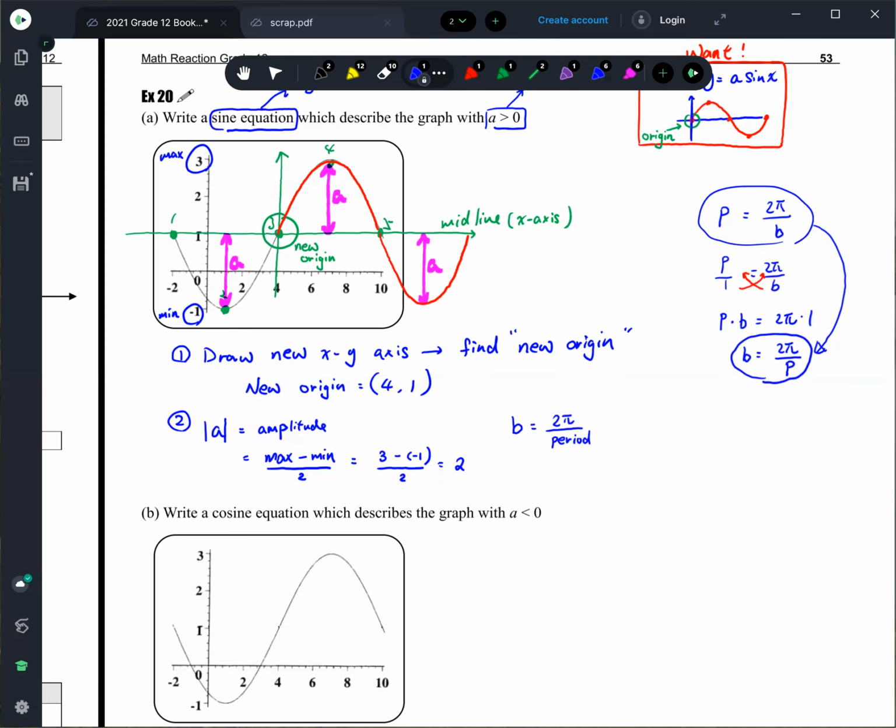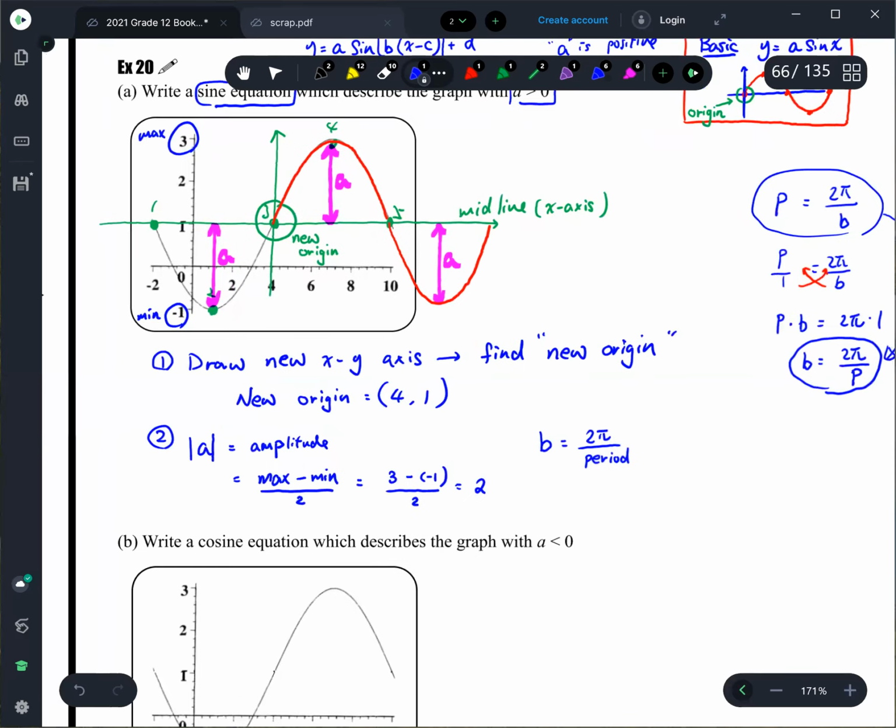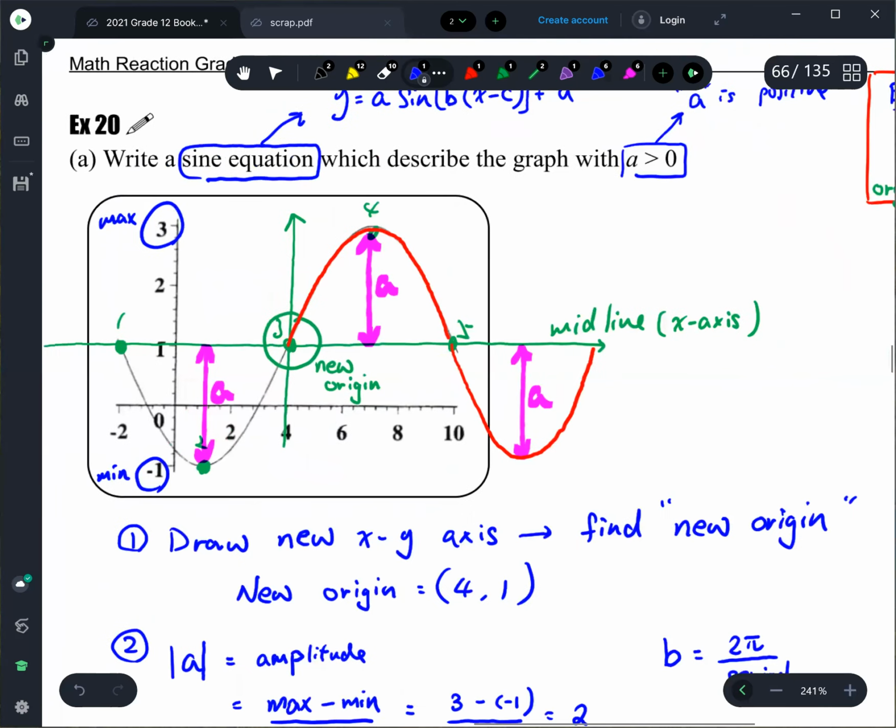Period means how long it takes for the whole graph to repeat. So if you look at this graph, this whole red line is the period. Starting from new origin, go up, go down, go down, go up. That completes one period.